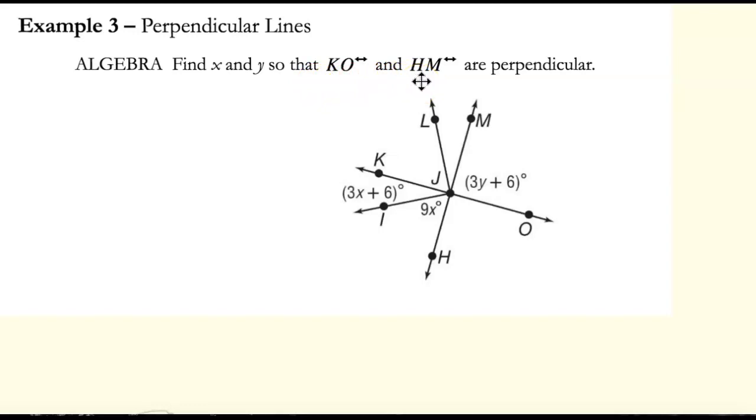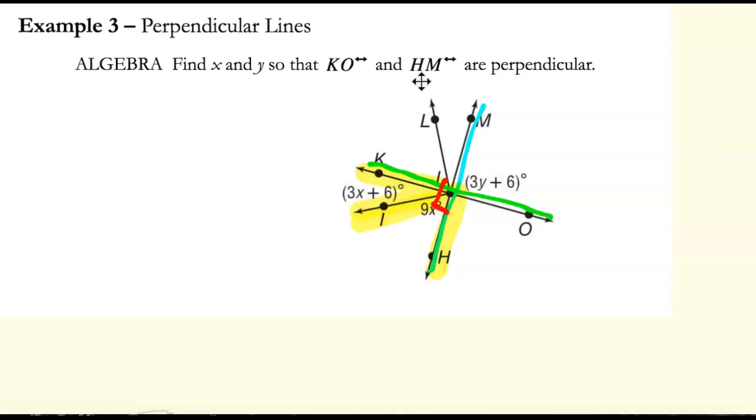First, let's find line HM, which is here, and line KO, which is right here. If that is true, then this angle should make a 90-degree angle. What I notice is that I have two parts: this angle here and this angle here.